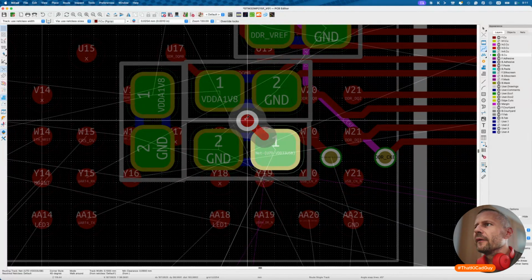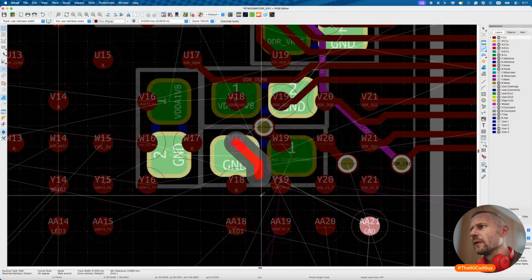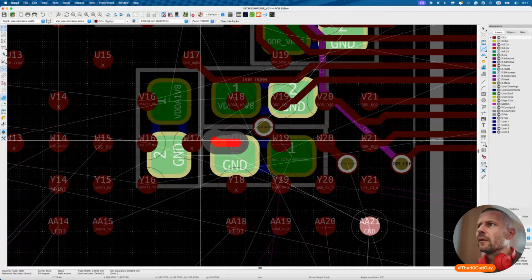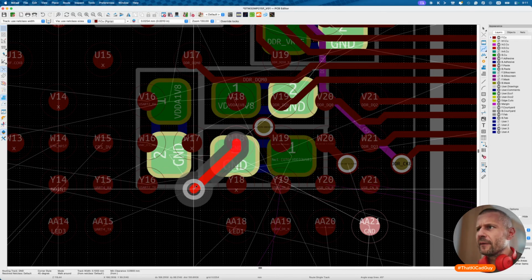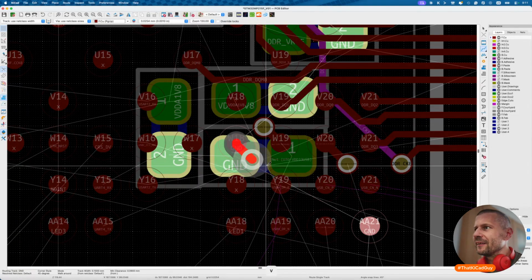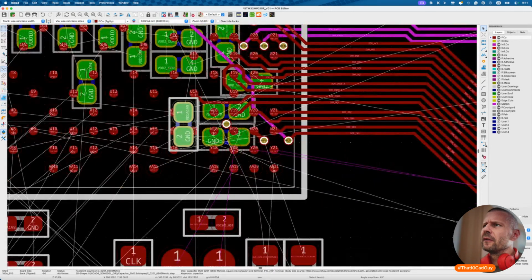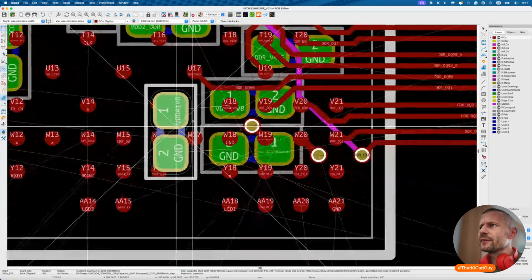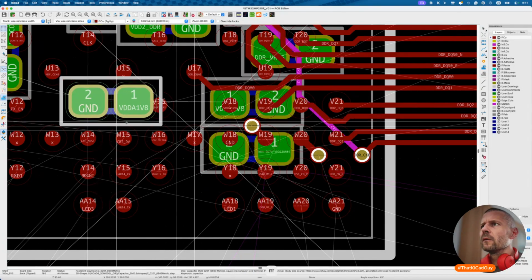Yeah, not optimal, but it can. Here, as we said in the past, I should fan out like this, in this direction, but it's not possible here. For that, I should have placed these capacitors the other way.